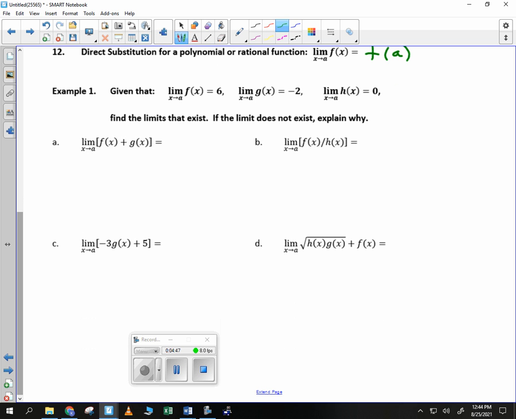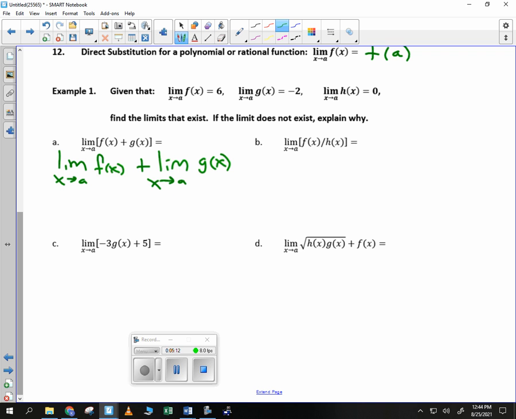It says, given that the limit as x approaches a of f of x is 6, the limit as x approaches a of g of x is negative 2, and the limit as x approaches a of h of x is 0, we want to find the limits that exist. If the limit does not exist, explain why. So the limit as x approaches a of f of x plus g of x can be written as the limit as x goes to a of f of x plus the limit as x goes to a of g of x.